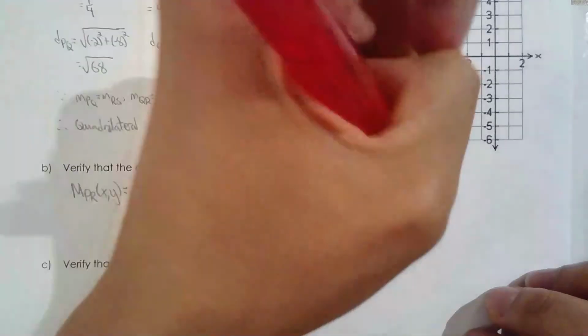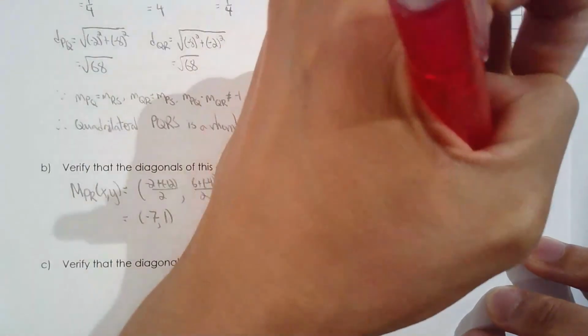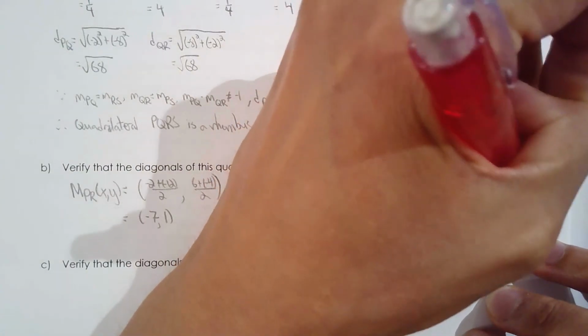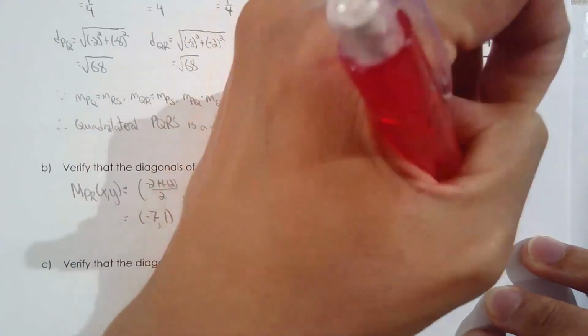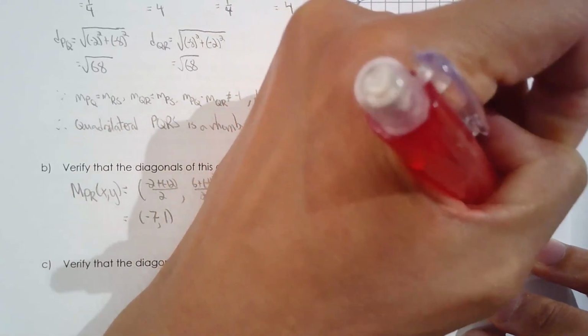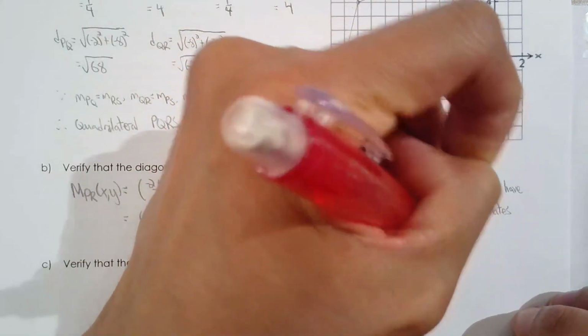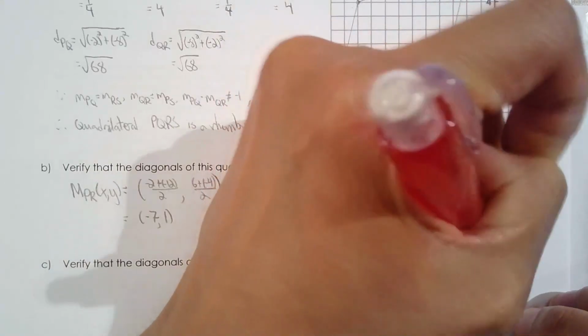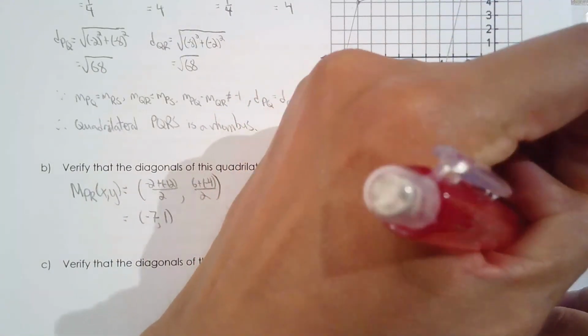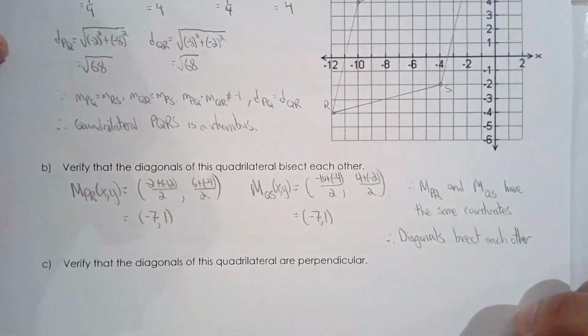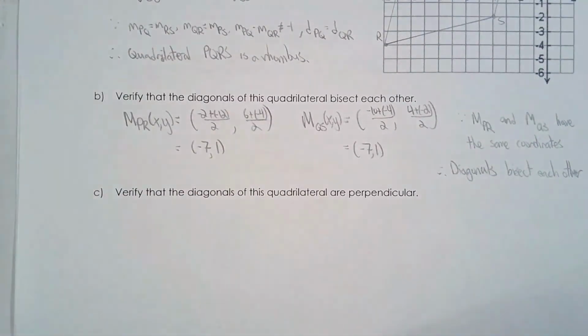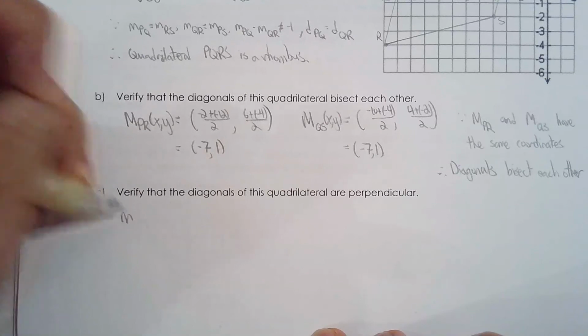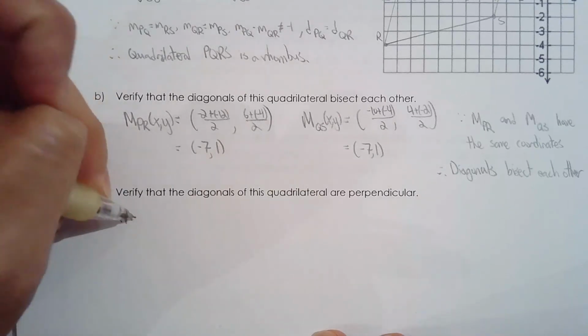Alright. So since the midpoint of PR and the midpoint of QS have the same coordinates, therefore the diagonals bisect each other. Now, because this is a rhombus, not only do the diagonals bisect each other, but the diagonals are perpendicular to each other. So all you have to do is find the slope of the diagonals and show that they're negative reciprocals.